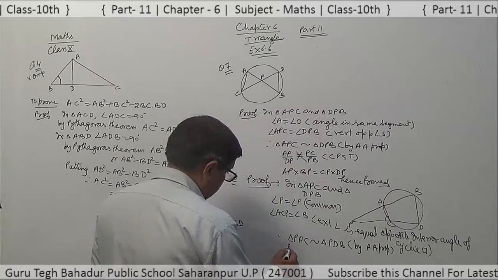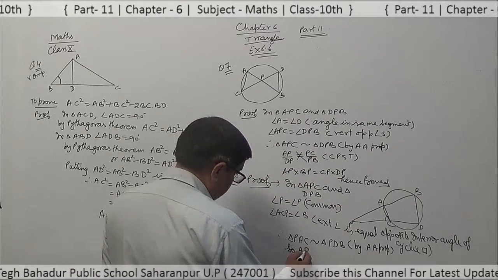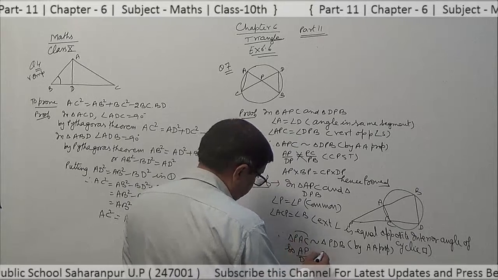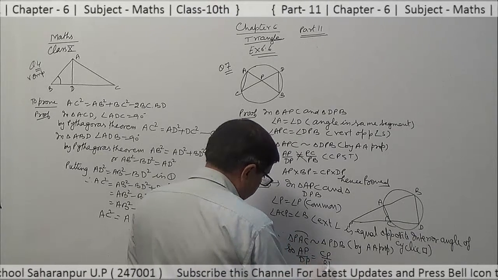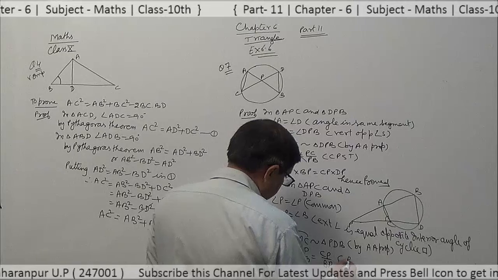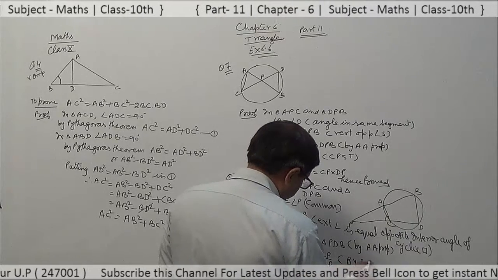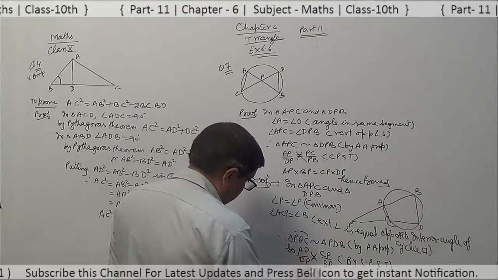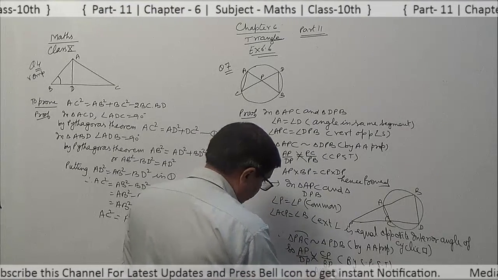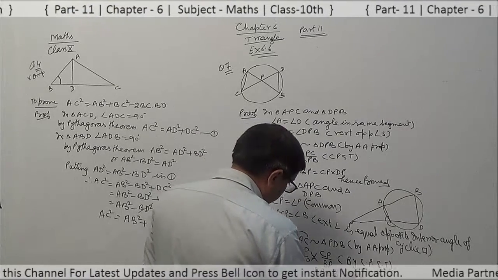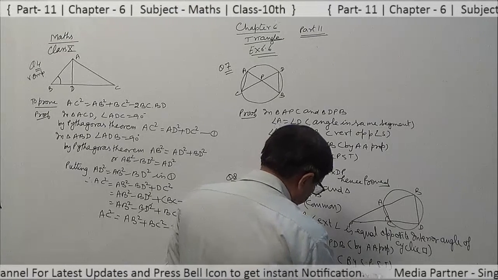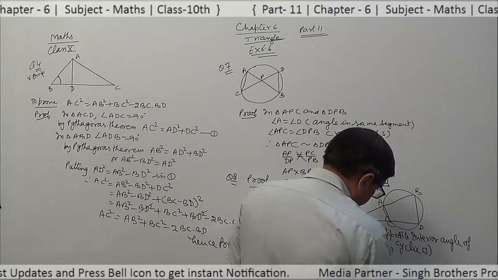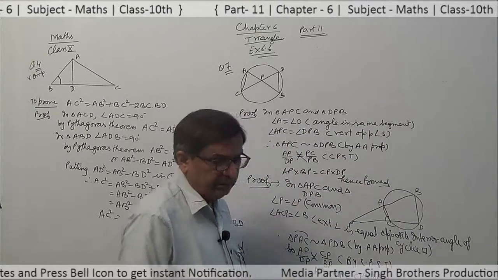So, AP upon DP is equal to CP upon BP by CPST. Cross multiply, AP into BP is equal to CP into DP. Hence proved. Thank you.